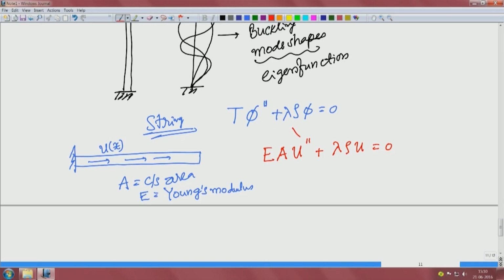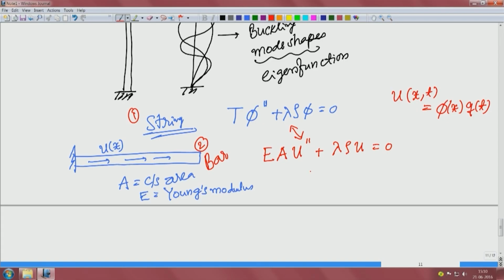So, you see the similarity between these two equations. Okay. Again, if you assume that U is a function of x and t, you can break it up into phi of x, q of t, just like we have done for the string, you can do for the bar also. Here also you can get eigenvalues, eigenfunctions, you get the Rayleigh quotient. Okay.